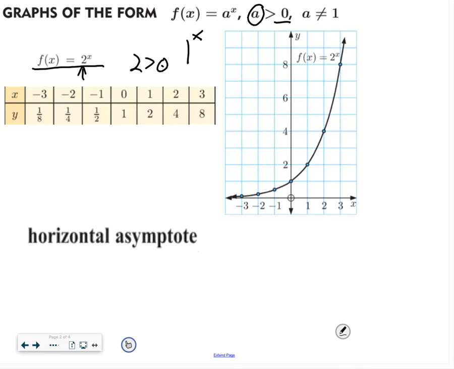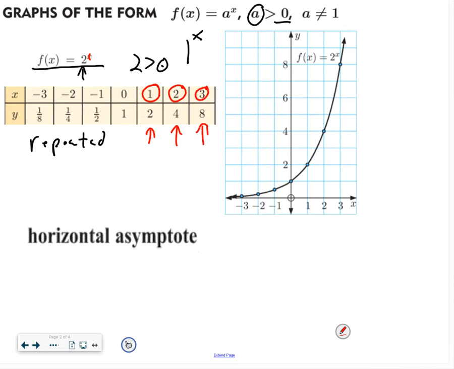Remember that exponents are repeated multiplication. With repeated multiplication, the opposite direction is going to be division. So if we started at 2 to the first power, so our x is 1, it's 2. 2 to the second is 4. 2 to the third is 8.